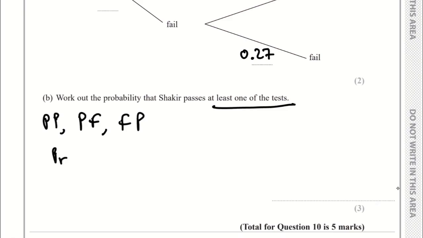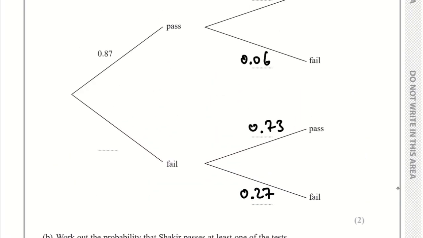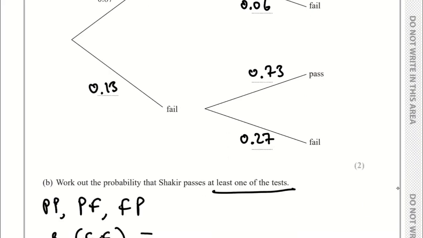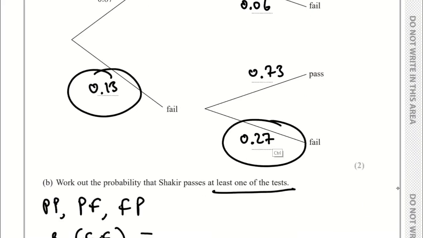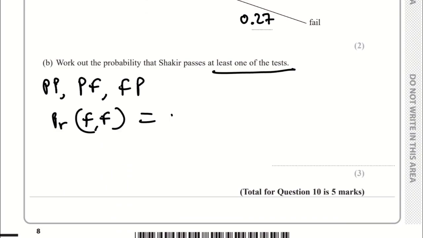Since this has to be ruled out, let's come to the tree diagram. For this one too, they'll add up to 1. You take away this from 1, you're going to have what? 0.13. So that he will fail the two tests, this one and this have to be multiplied together. 0.13 times 0.27.